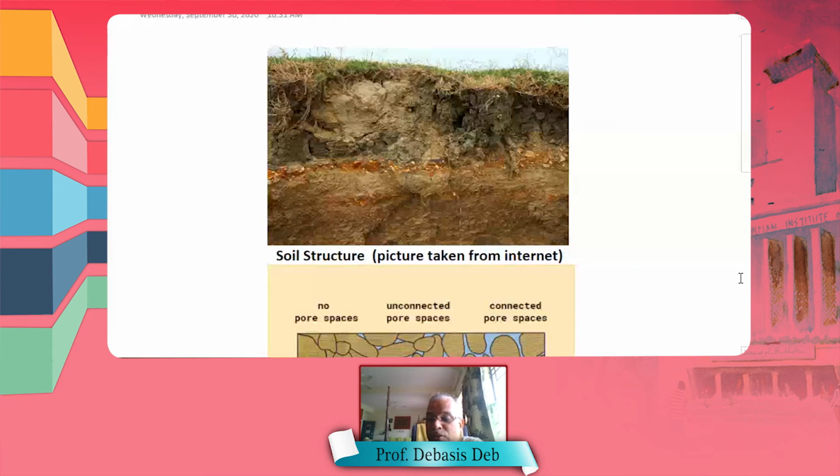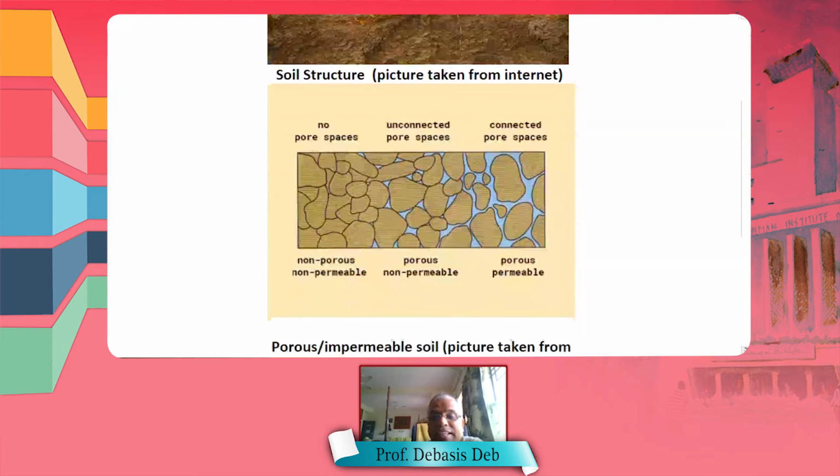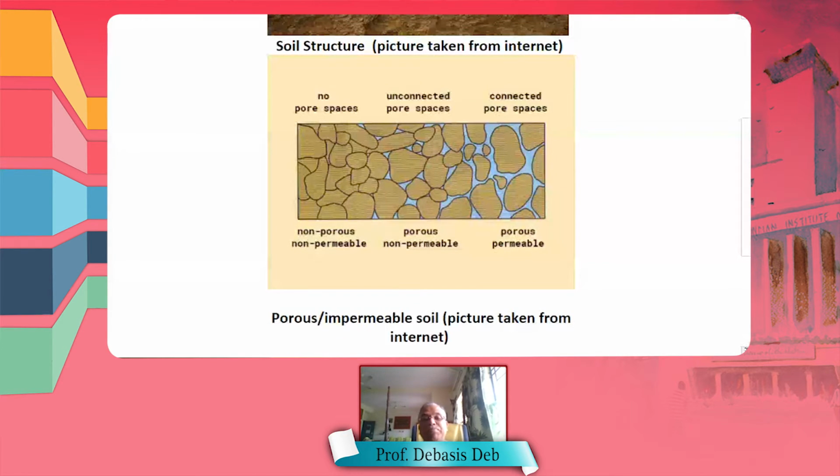Now if I come down, these are all taken from internet, so you can find it there. See, that is why I want you to see the soil. This is a schematic diagram though, but you will see there is some non-porous part. That means you will not see any pore spaces here.